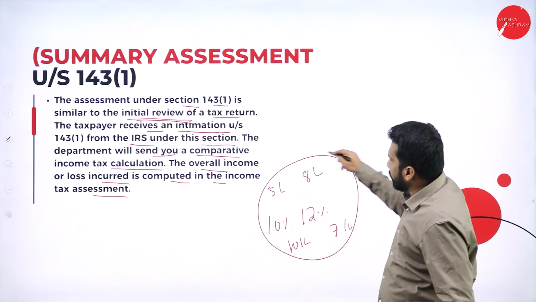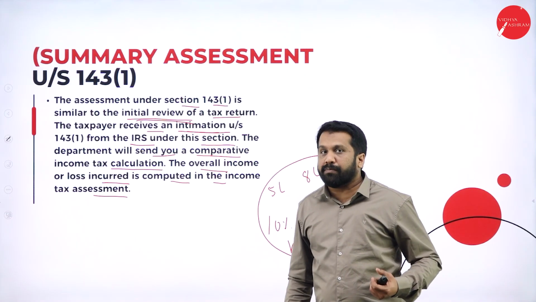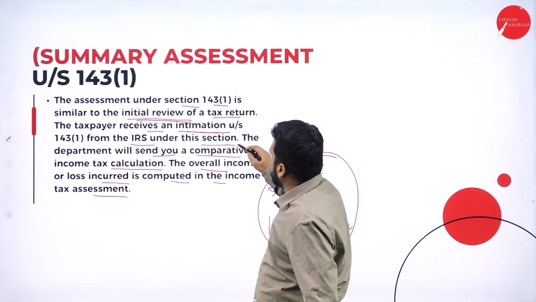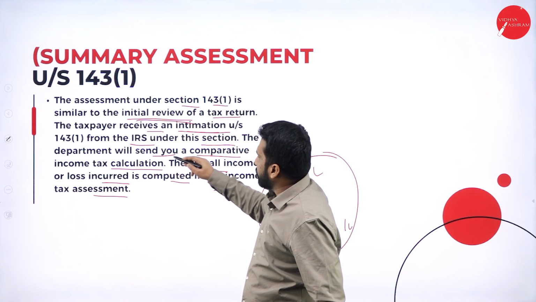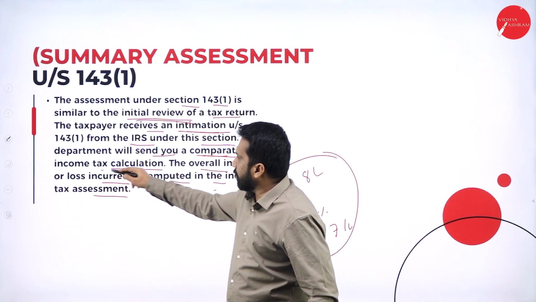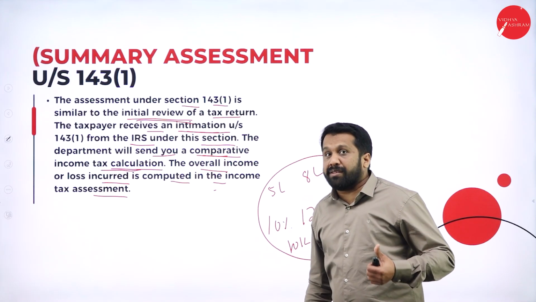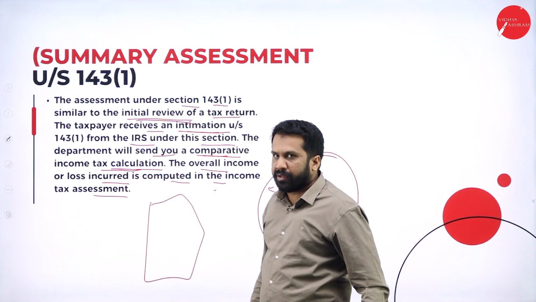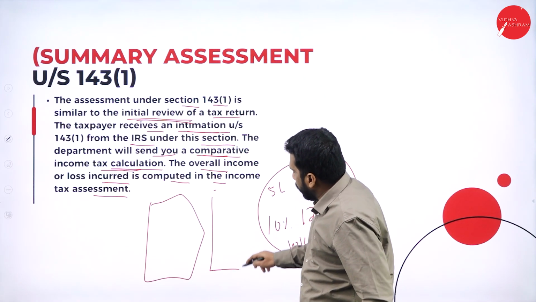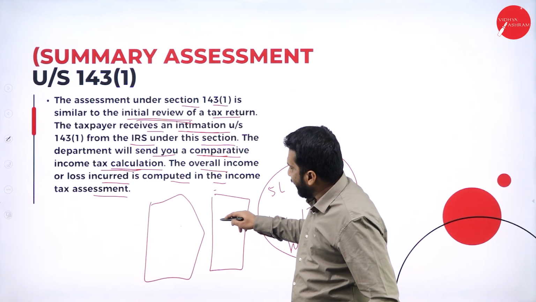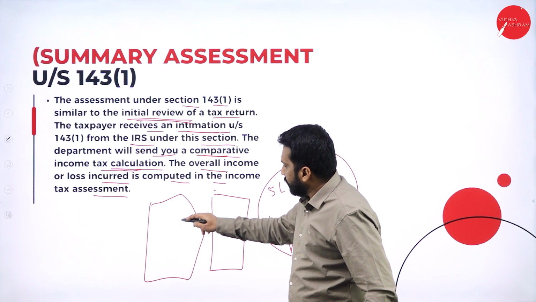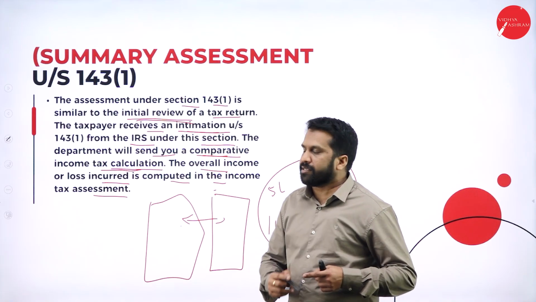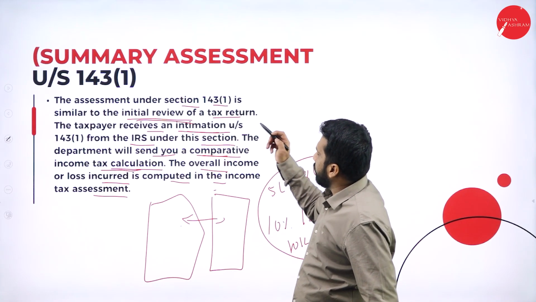These are the changes they will send you with the help of intimation. The department will send you a comparative income tax calculation. They will say this is your calculation, and this is a model calculation. Compare these two, re-verify your calculation and resend it. This is called summary assessment.